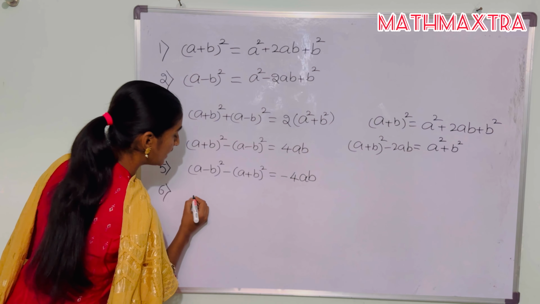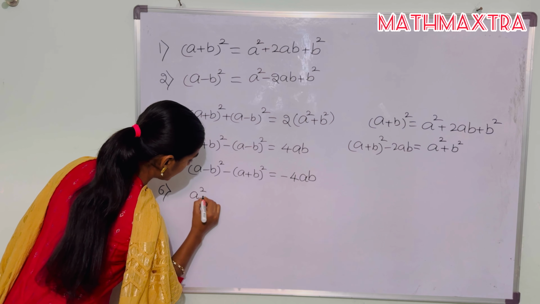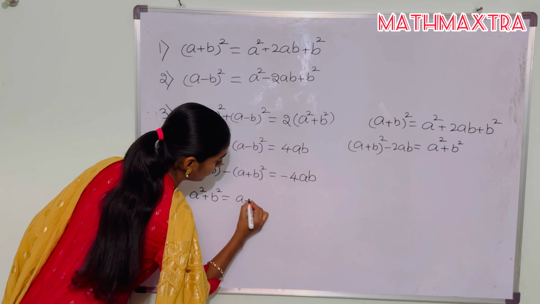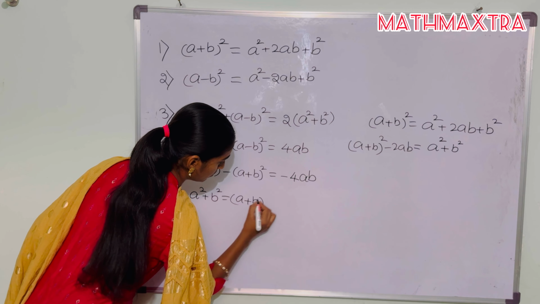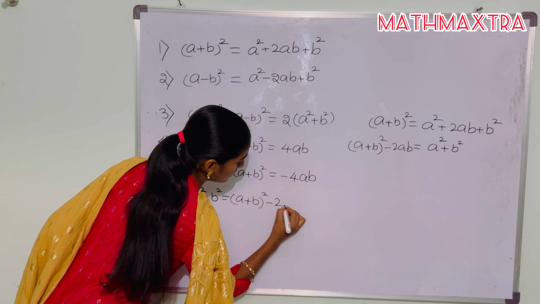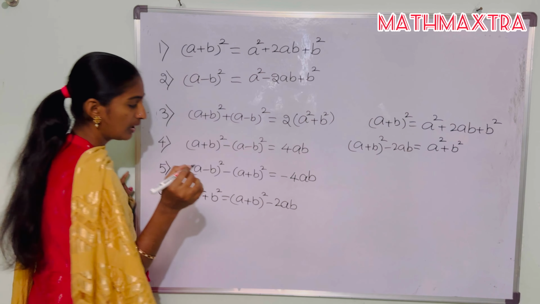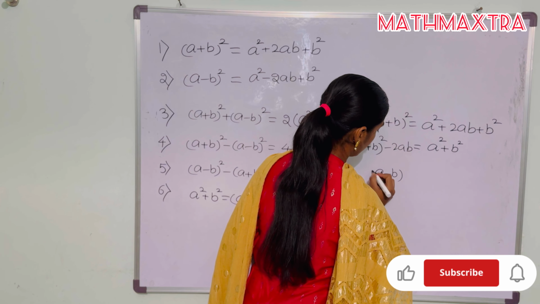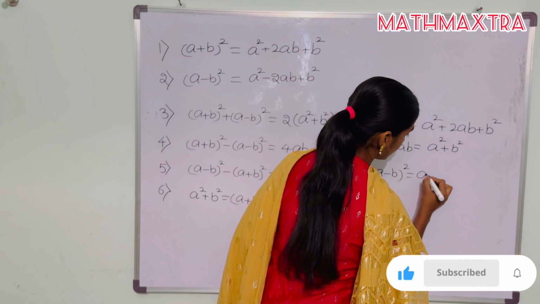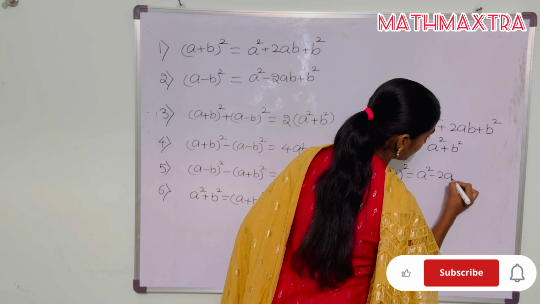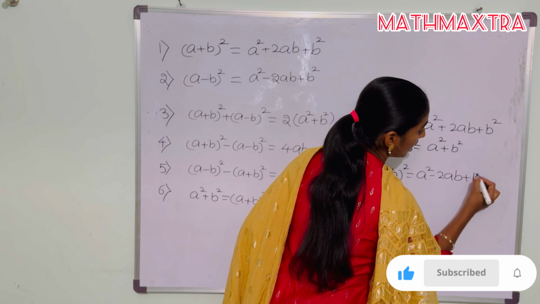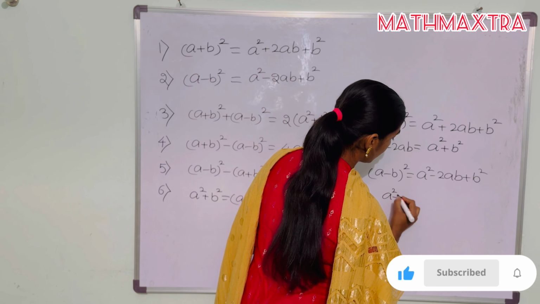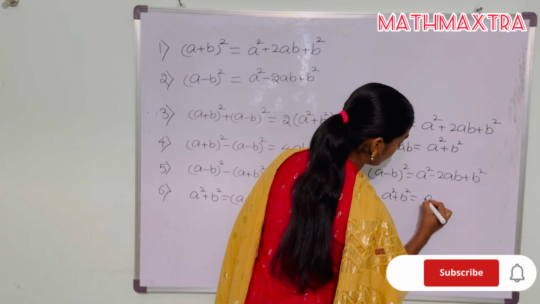What is our sixth identity? a square plus b square is always equal to (a + b) whole square minus 2ab. Okay. If you take (a - b) whole square, which is nothing but a square minus 2ab plus b square. Okay. So if you write a square plus b square here, what happens?